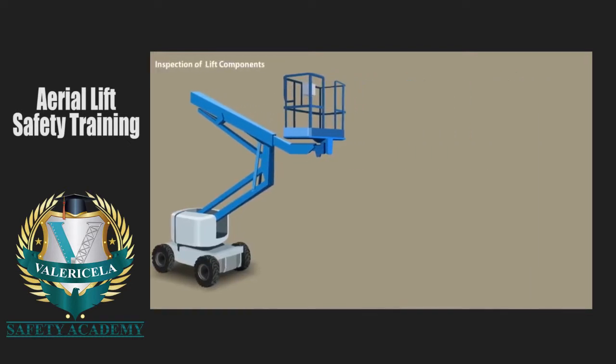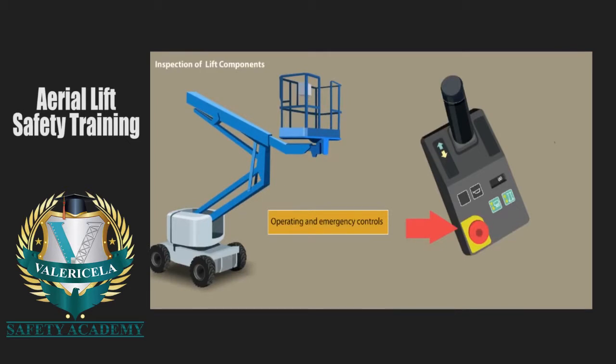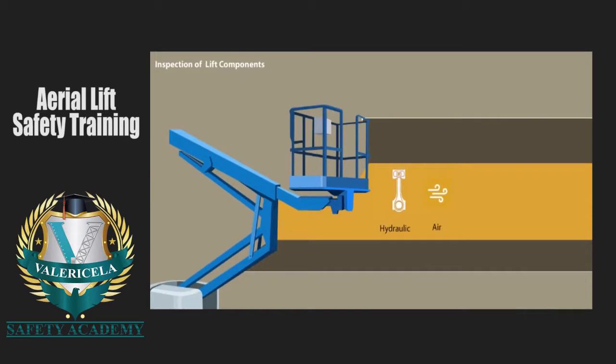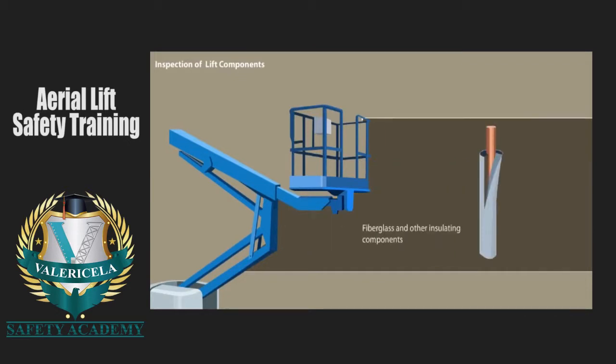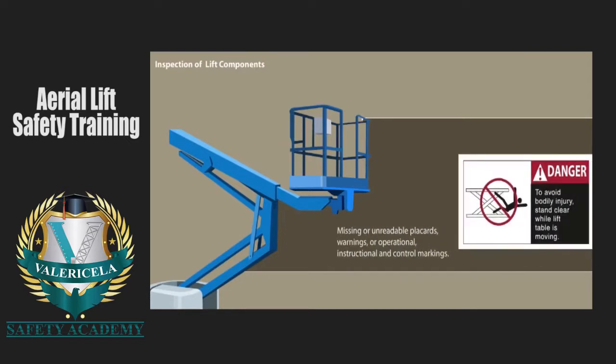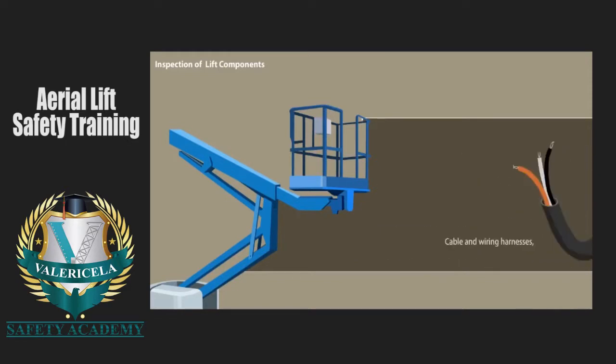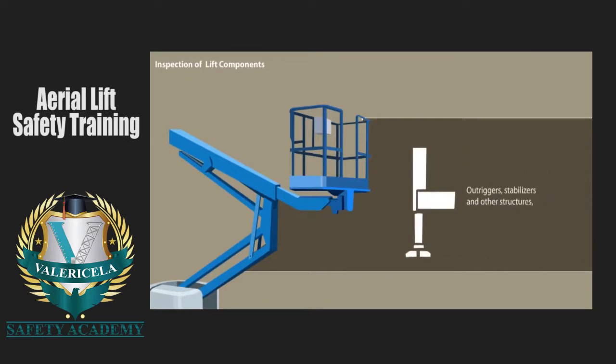Lift components, operating and emergency controls, personal protective devices, hydraulic, air, pneumatic, fuel, and electrical systems, fiberglass and other insulating components, missing or unreadable placards, warnings, or operational, instructional, and control markings, mechanical fasteners and locking pins, cable and wiring harnesses, outriggers, stabilizers, and other structures, loose or missing parts, guardrail systems.